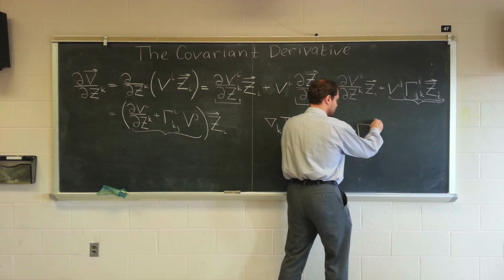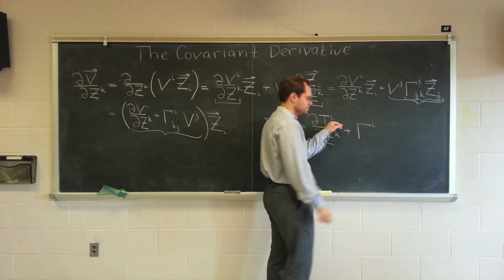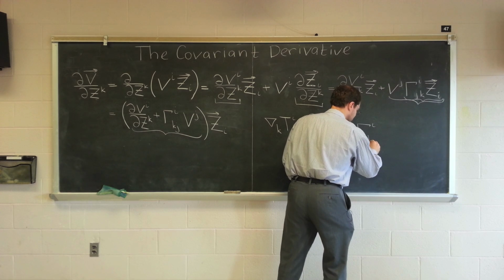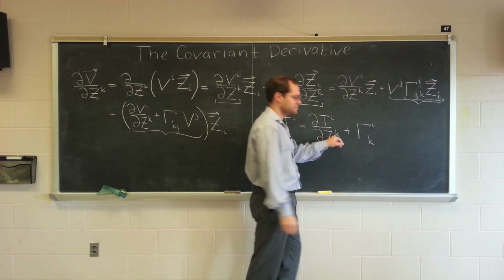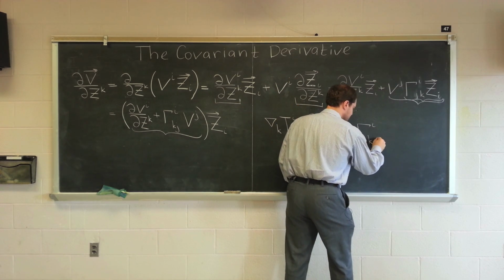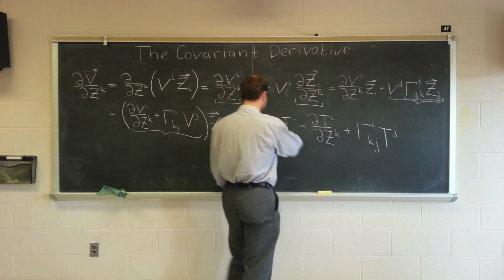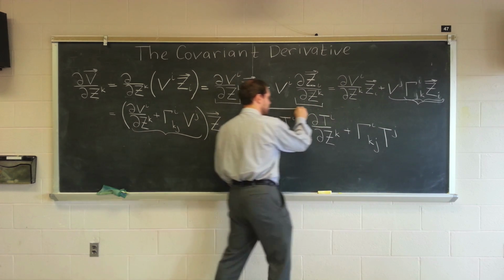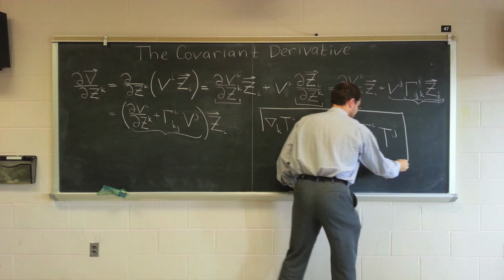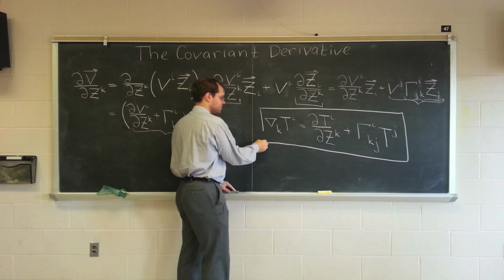Do you see that I goes on top because it's on top here? K goes on the bottom because it's on the bottom here. Then there is an additional index J, which is contracted with Tj. And this is the definition of the new operator that's called the covariant derivative.